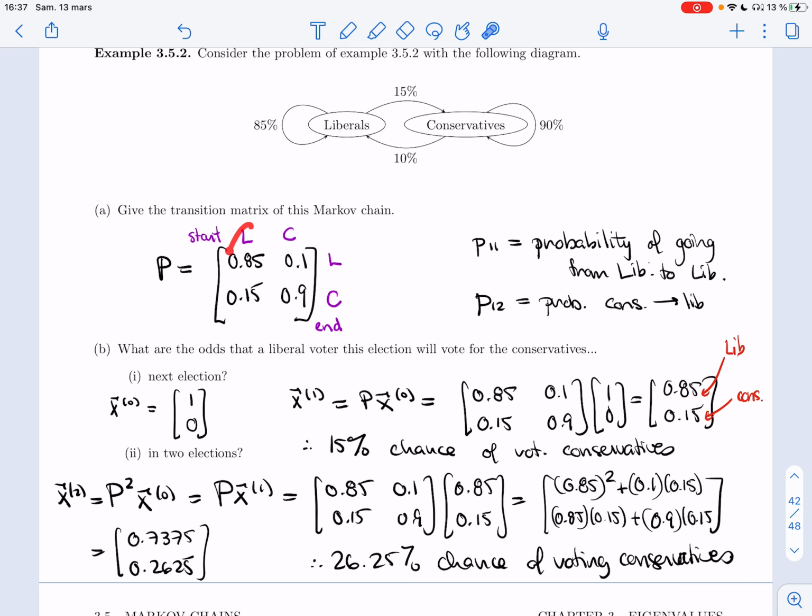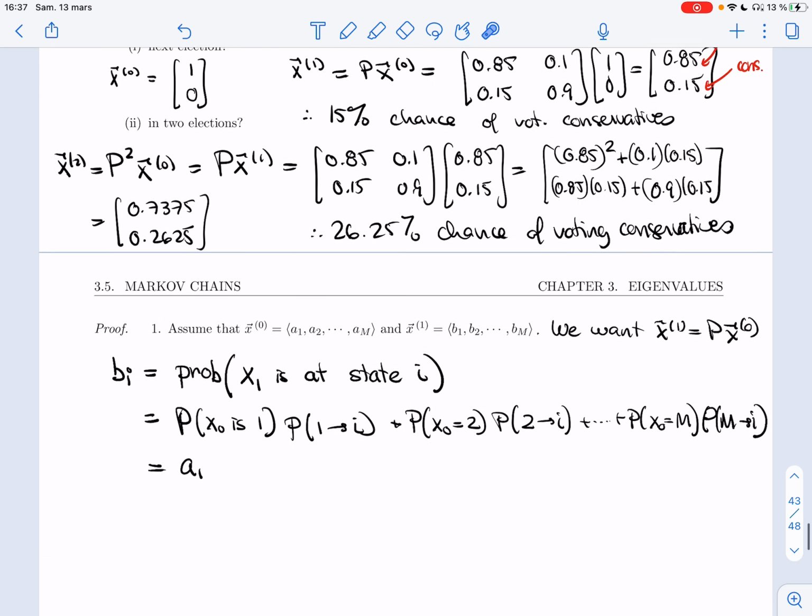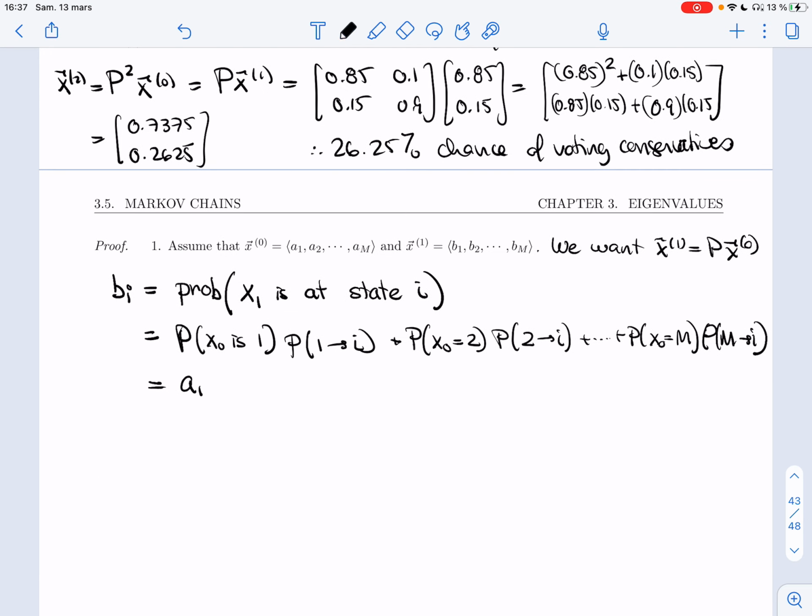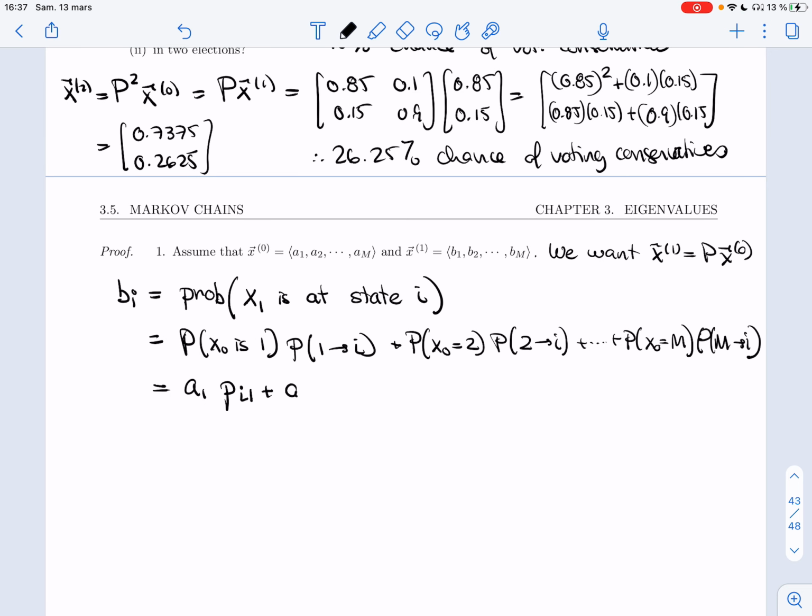So the column is where you start, that's 1, and then you end up at i. So row i, column 1 of the matrix P. And then a2 times P_i2, up to am times P_im.